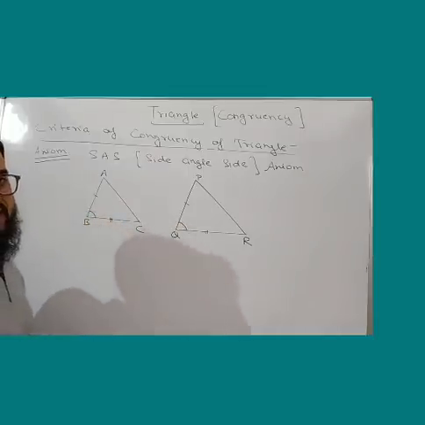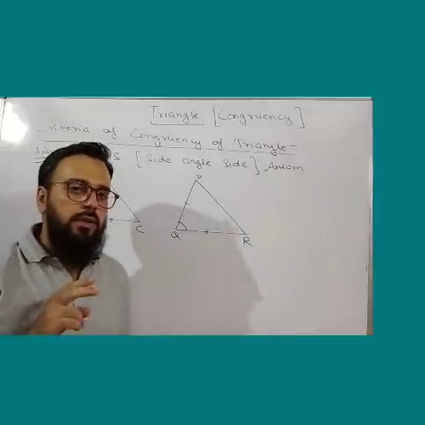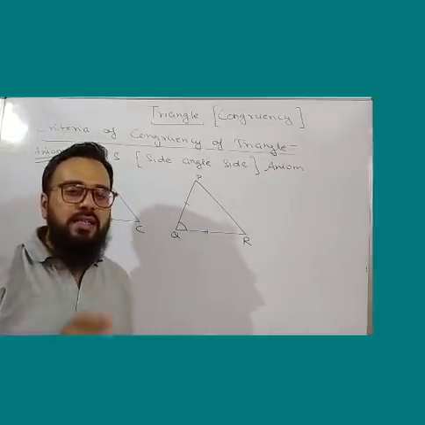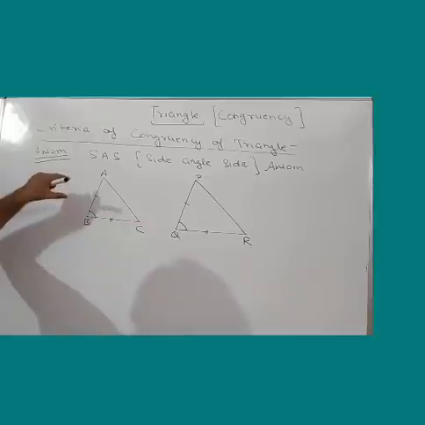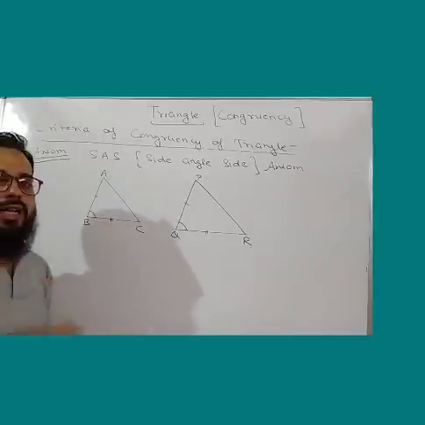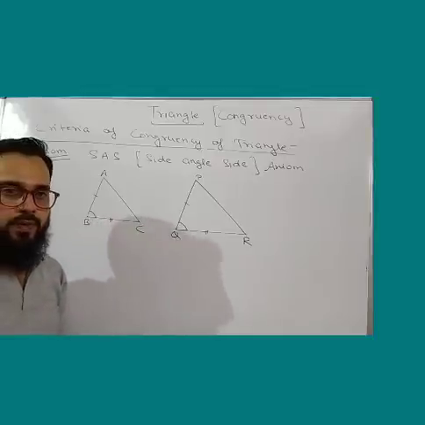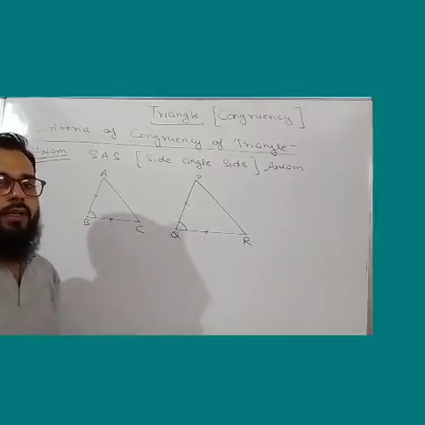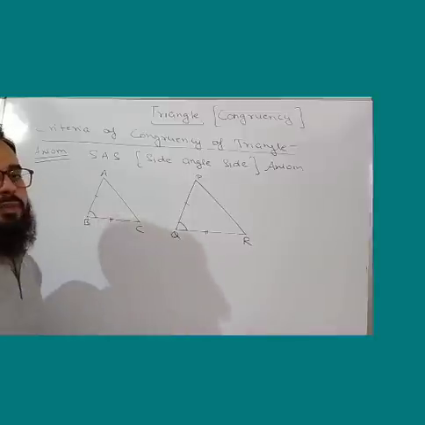What does this axiom say? If we are given two triangles in such a way that two sides of both the triangles and the included angle between both the sides of both the triangles are equal, then both the triangles will be congruent.